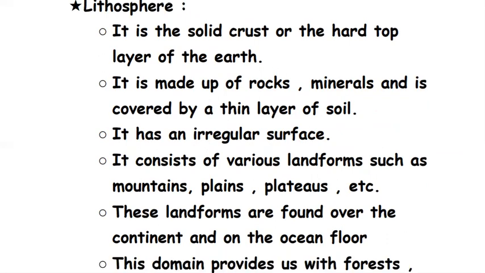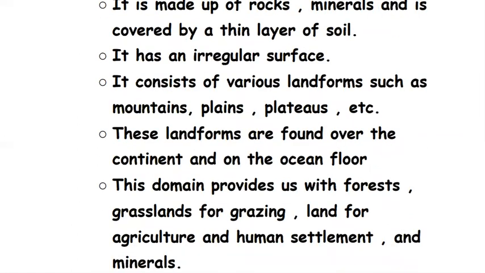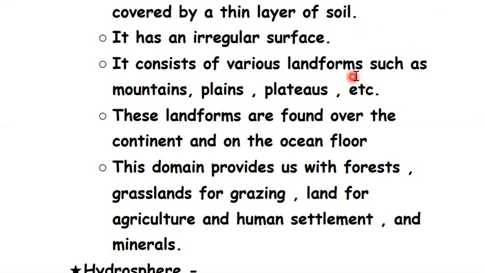The thin layer of soil, rocks and minerals make up the lithosphere. It has an irregular surface, which means the surface is not the same everywhere. Sometimes it is high, sometimes it is low, sometimes not so high, not so low. It consists of various landforms such as mountains, plains, and plateaus. Mountains are high, plains are low, and plateaus are not so high, not so low.